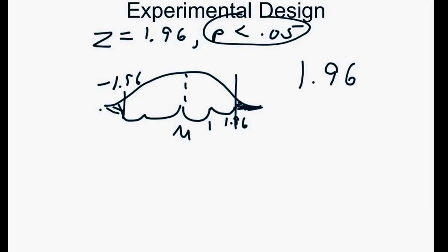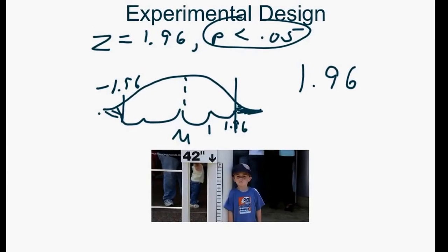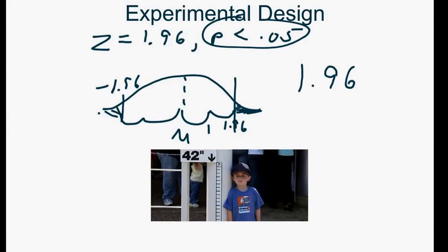That concept of the critical value, if it helps you remember, is kind of like those signs that you see at amusement parks and the fair and Disneyland and so on that say, you have to be this tall before you can go on the ride. In science, you have to be this far away from the mean in order to reject the null. That's what we mean by significance.